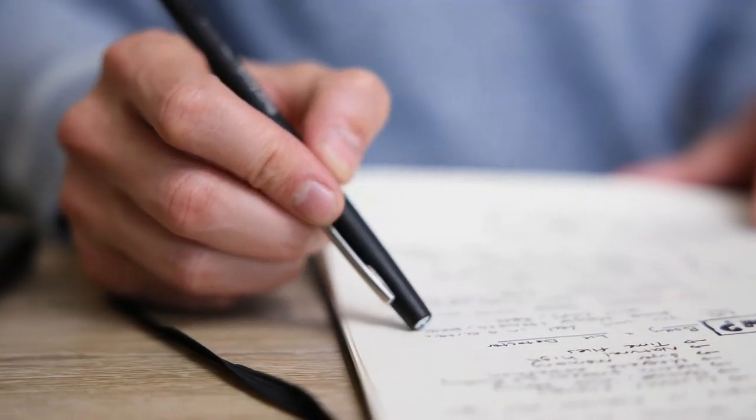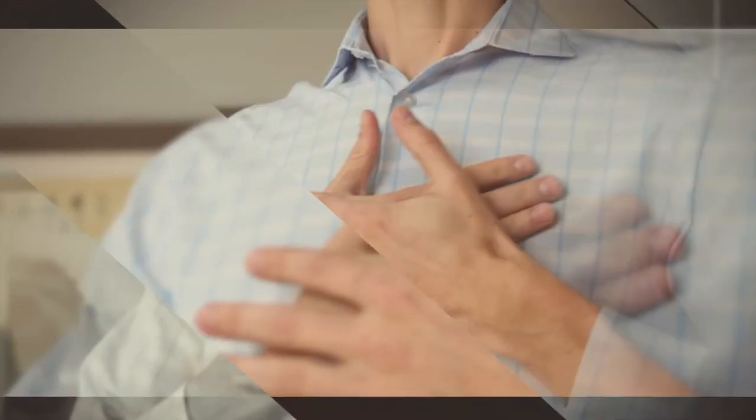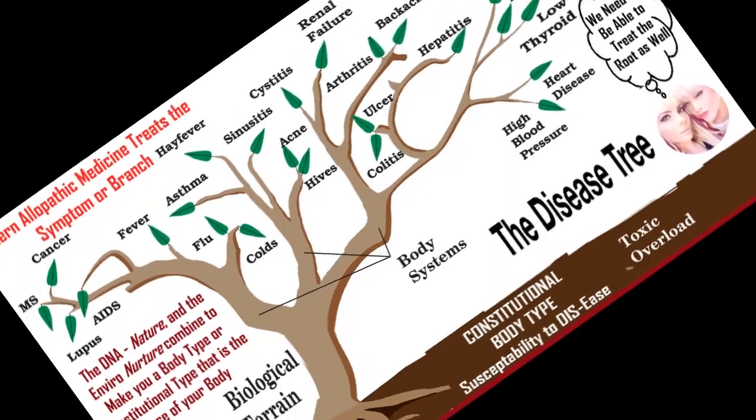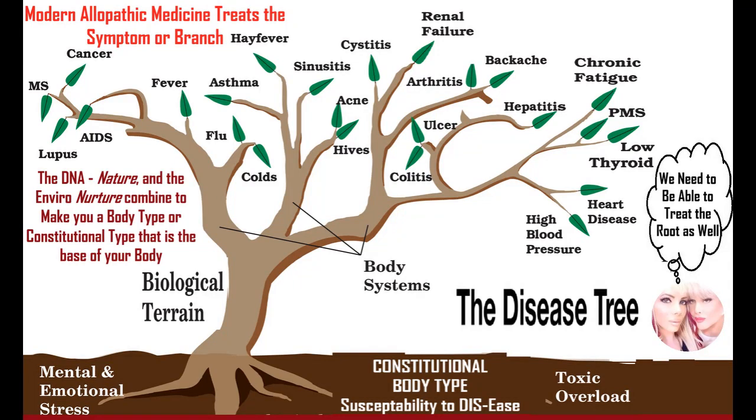Root problem, a constitutional genetic tendency running in that family. The constitutional root of it, the origin, the core through line of your life, like that one problem you keep having under stress, that is the root problem. The idea of the constitutional root problem, not the branch, not just the symptoms.